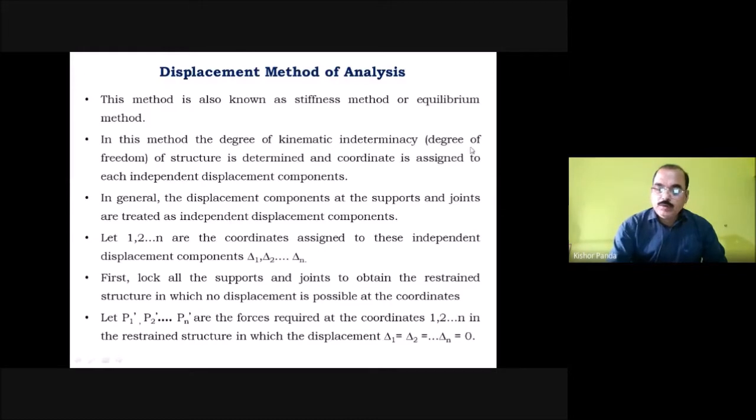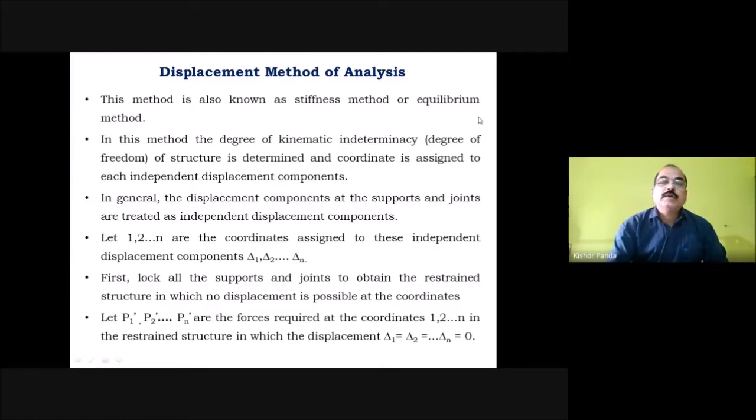When the unknown displacement components cannot be found out using the compatibility equation, then that is called kinematic indeterminacy. To find out the unknown displacement components, you need extra static equilibrium equations.